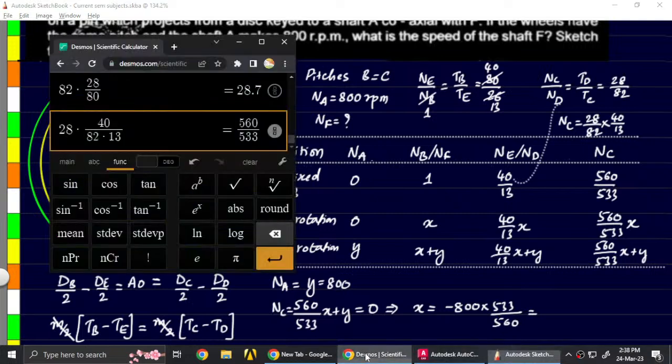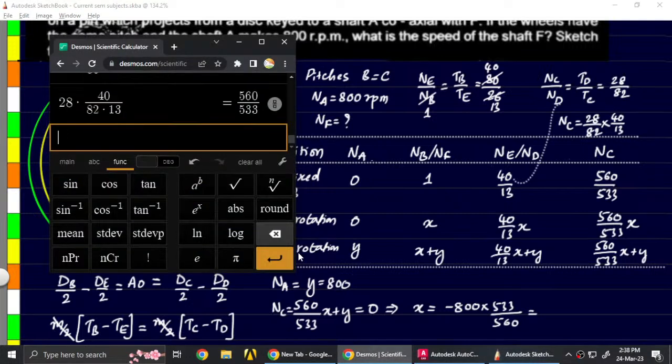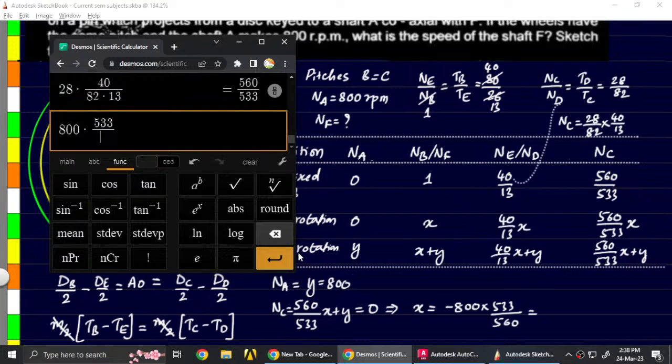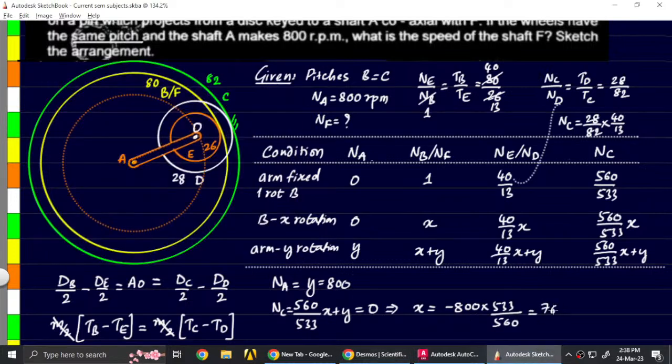So that comes out to be 761.43, in negative direction. That means X rotates in the negative direction to the direction of the arm. If the arm is rotating clockwise, this will rotate anti-clockwise, and so on. This also is in RPM.